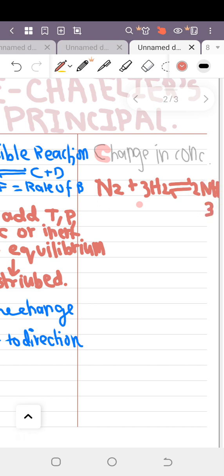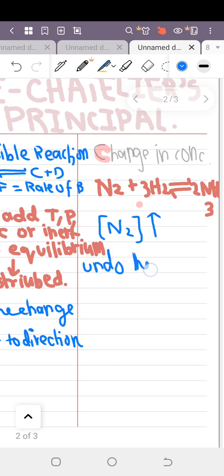Now if I change the concentration, suppose I increase the N2 concentration here, the equilibrium will be disturbed. Now we have to undo the change. We have to bring it back to the same position, so we have to decrease the N2 concentration so that equilibrium can be achieved again.